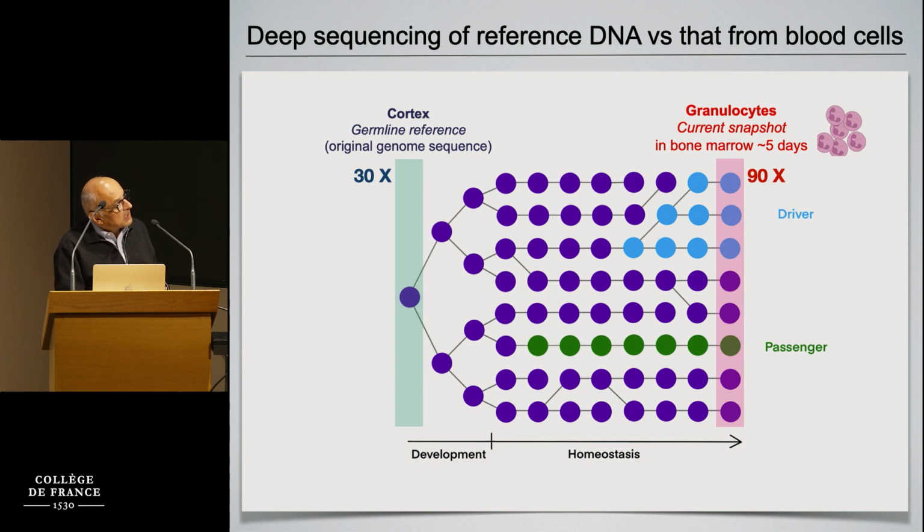And then in that same mouse, you take the neutrophils and you ultra-deep sequence that to 90 times depth. And you need to do that because what you want to do is capture all the somatic variants in all the DNA that's present in the neutrophil population. And we pick the neutrophils because they have a short lifespan, so it gives you a snapshot of the history of the variants. And using Thomas's mathematical analysis, you can then build a lineage tree, okay?